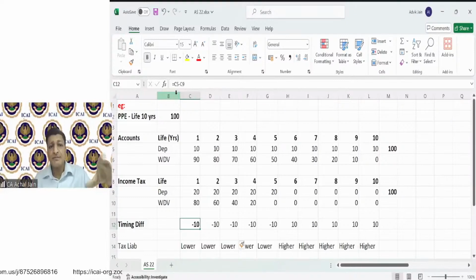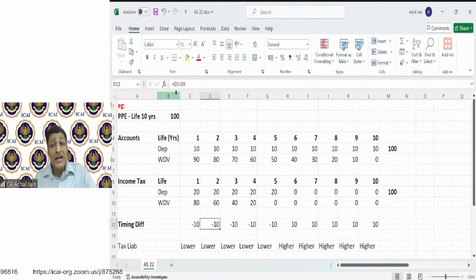In the first year, as per income tax, depreciation allowed is more. In the second year, as per income tax, depreciation allowed is more. So that's why, what do you find? Over a period of 5 years, income tax is allowing a higher depreciation charge.